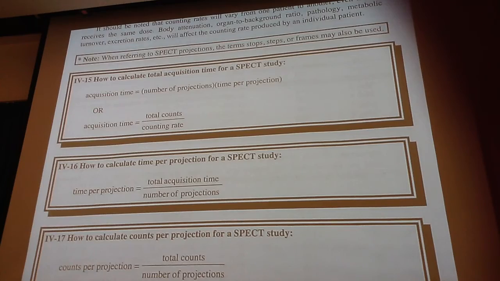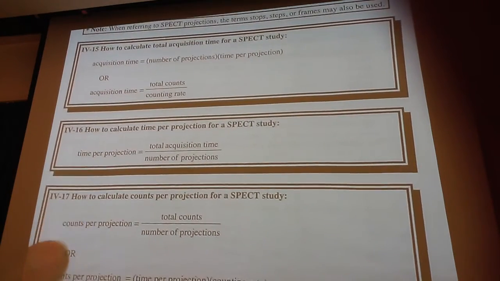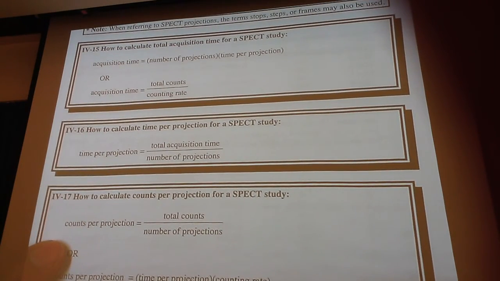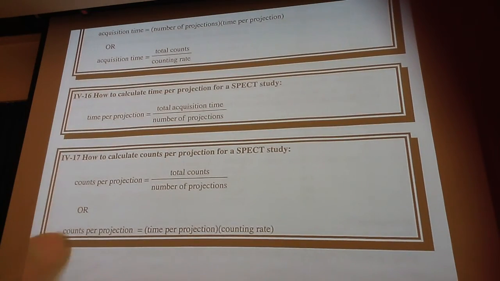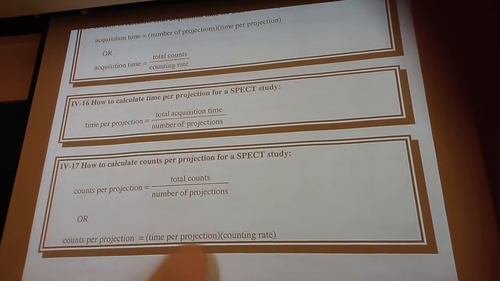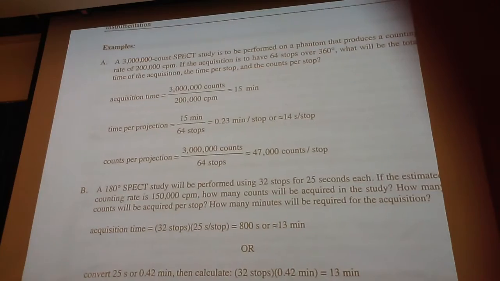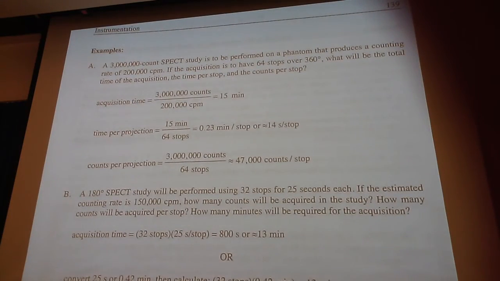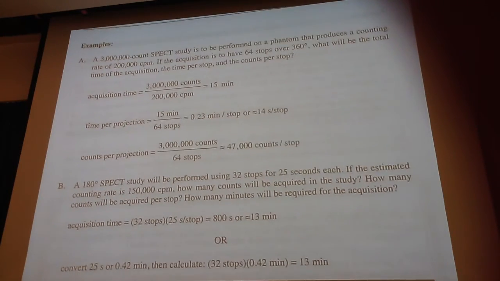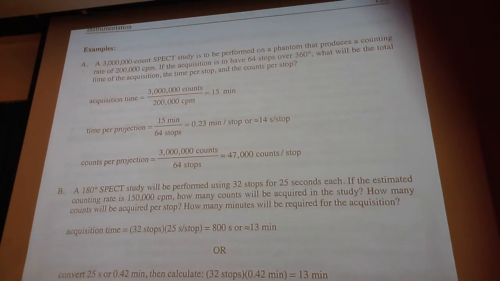It's usually going to be one of these three variations here: what is the total counts per projection, or the time per projection and the counting rate. As I said, this is something you can expect for SPECT questions on your board exams.